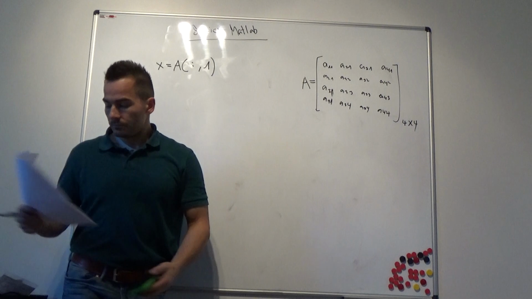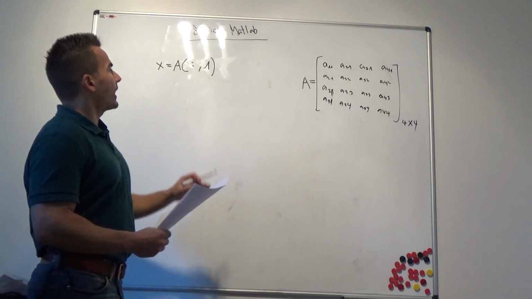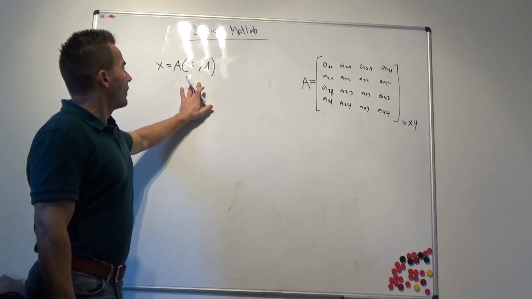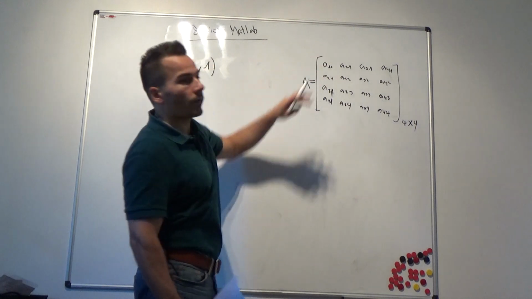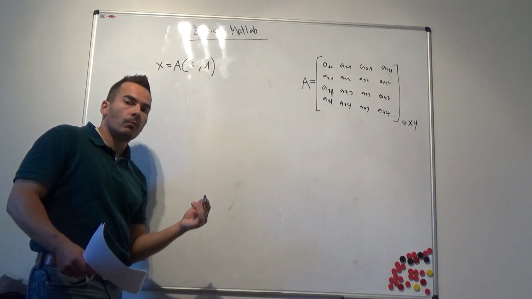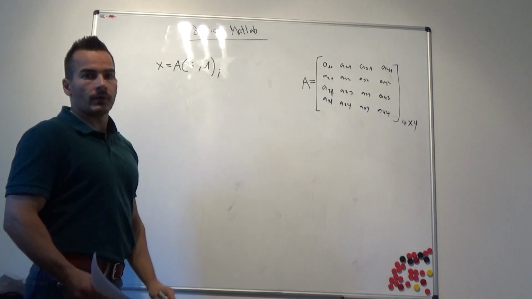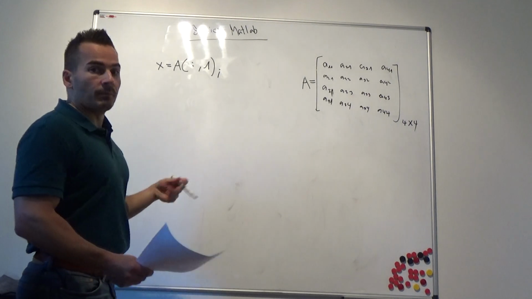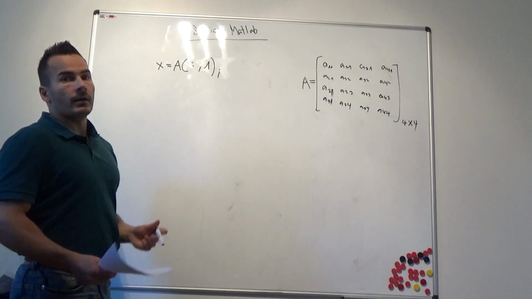Usually, if you write this in the command window, MATLAB would immediately spit out these 4 entries. If you don't want that and just want to store what you have defined, you write a semicolon. Then MATLAB does not spit it out immediately but just stores what you have defined in the system.